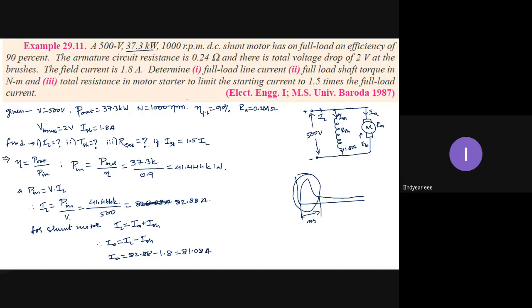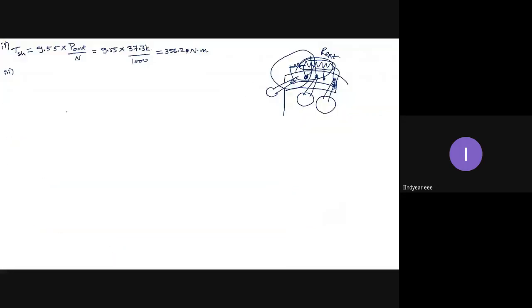So the total resistance in the motor starter should limit the starting current to 1.5 times. Here IST, the starting current, is equal to 1.5 times IL.